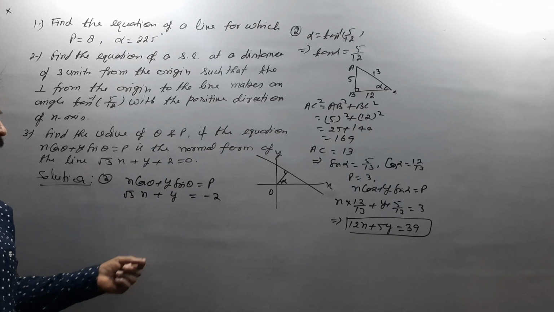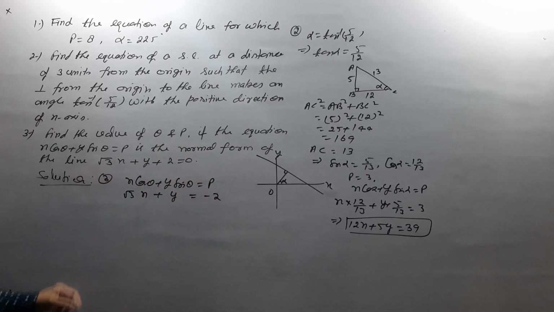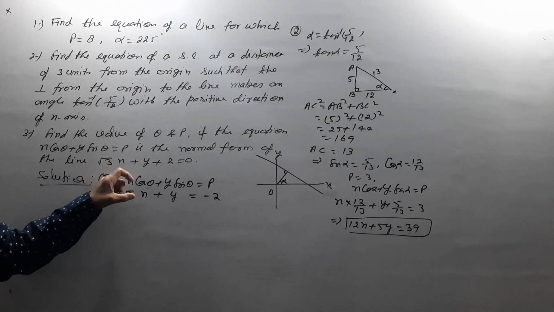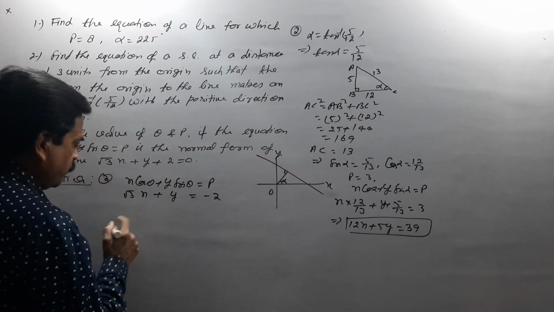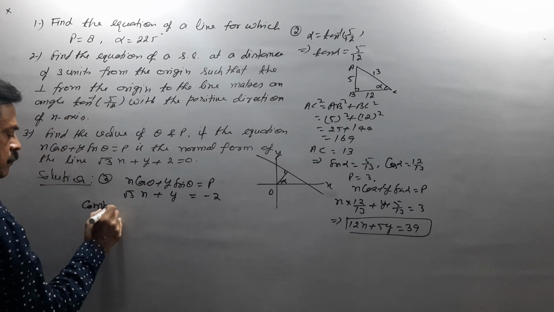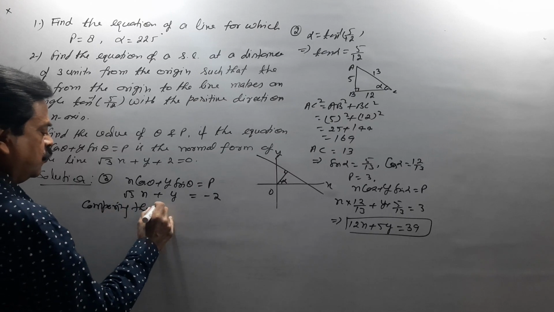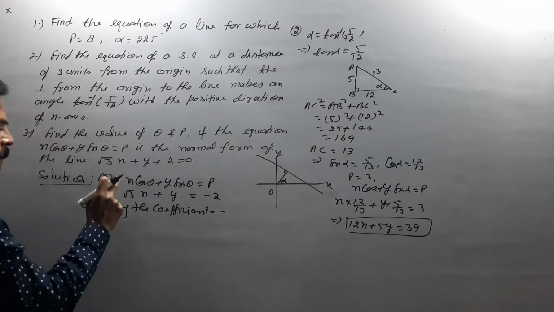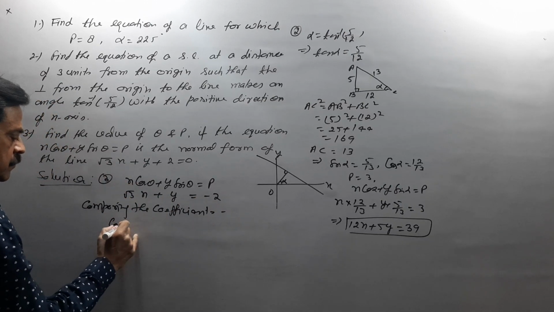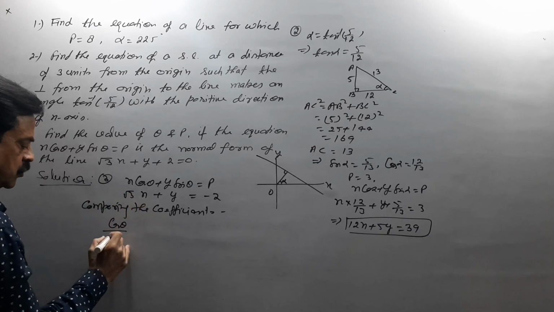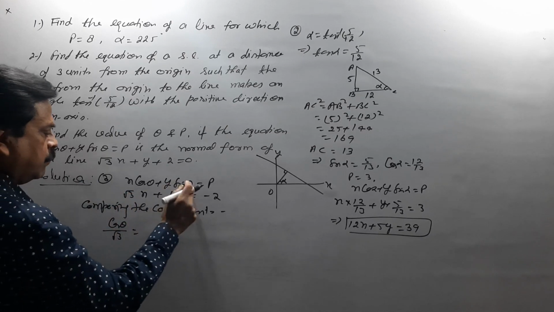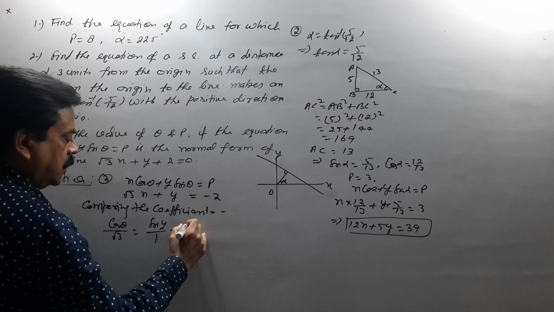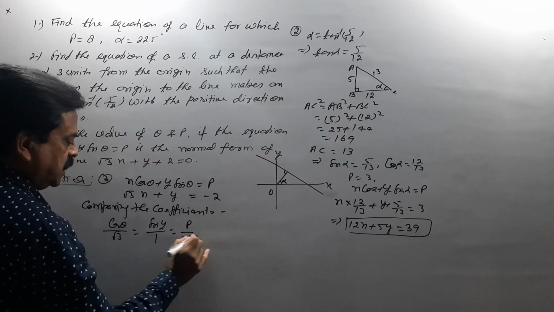Transfer this 2 to right hand side, sign will become negative. So these two equations are representing the same straight line, so they are identical, and therefore comparing the coefficients: coefficient of x is here cos theta, and coefficient of x in the second equation is root 3. Similarly, coefficient of y is sin theta, and coefficient of y is here 1. This constant term is p, and here is -2.